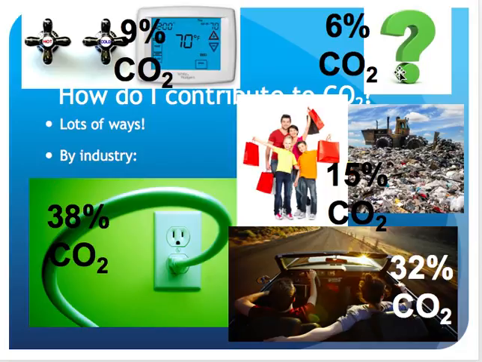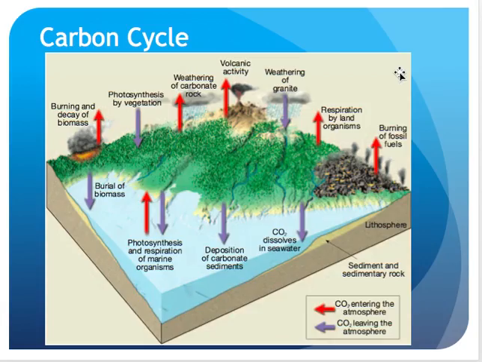The reason why we share this with you is because we want to know how we contribute carbon dioxide so that we can also figure out how we can reduce our carbon dioxide. And then it's important to know, how does carbon dioxide move through our atmosphere? So you'll see here that red arrows are sources of carbon dioxide that enter our atmosphere.